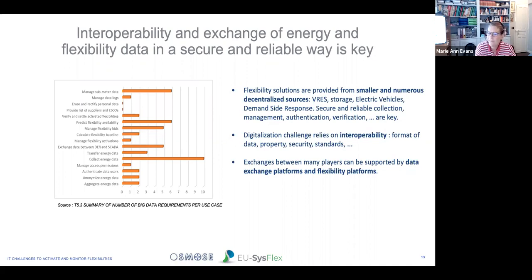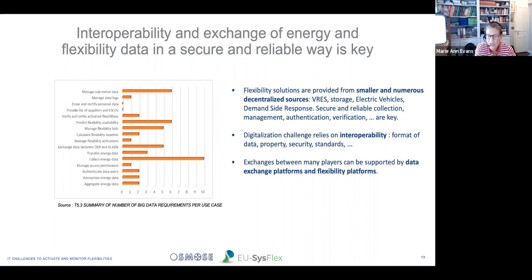We've studied flexibilities provided by variable RES themselves, by decentralized storage, by electric vehicles, by demand-side response. And so this led to the study of various system use cases in order to access in a secure and reliable way the data, to manage them, to authenticate them, to verify the performances, which was a key point in the project, especially in the demonstration.